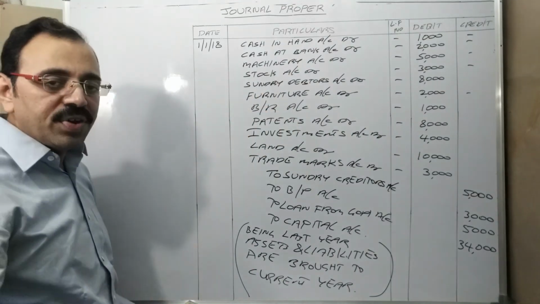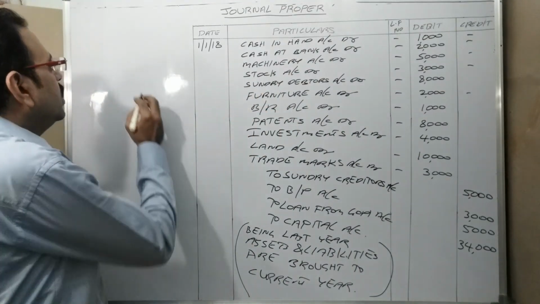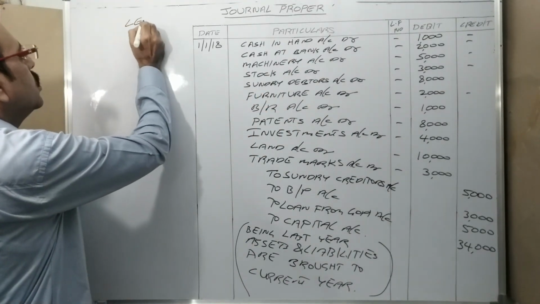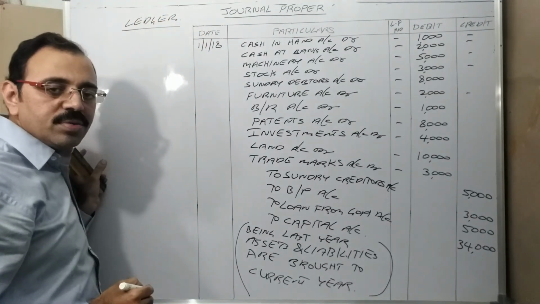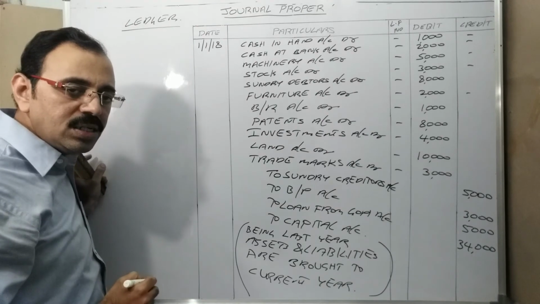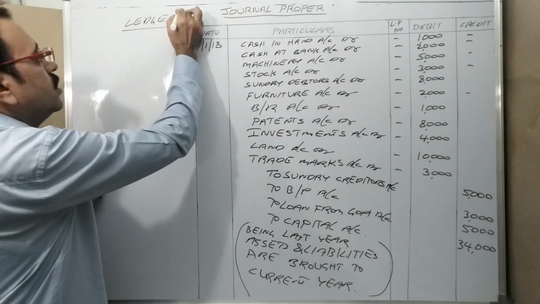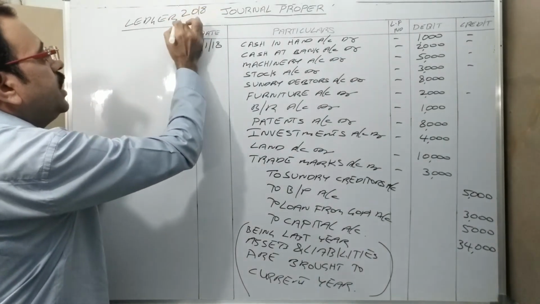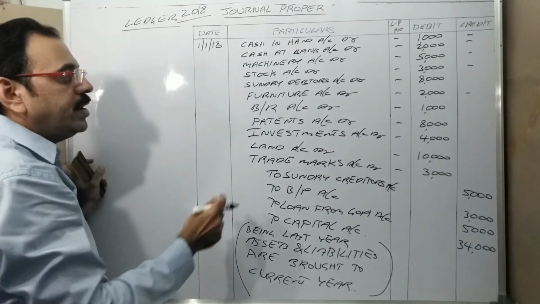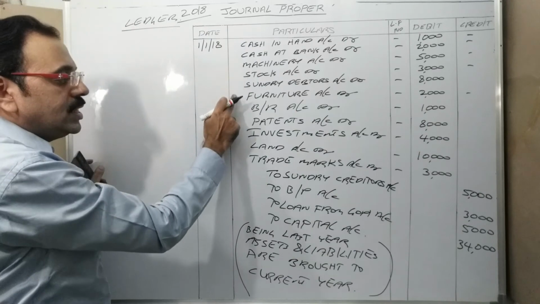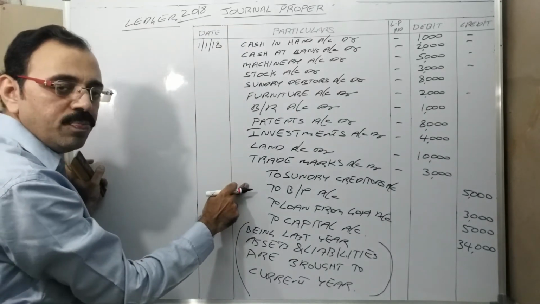After writing this entry, what do we do? In the ledger, we post this entry. Which year's ledger is this? Current year, that is the 2018 ledger. Okay, and here all assets one by one we wrote, no?